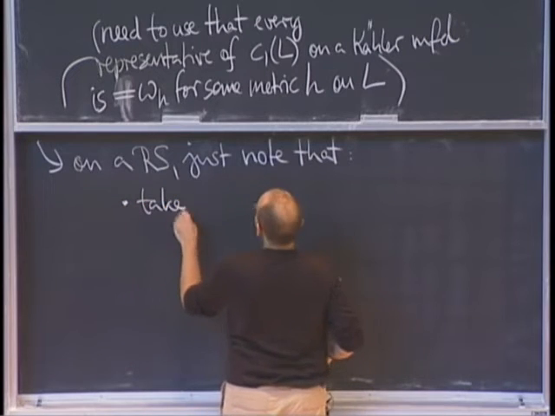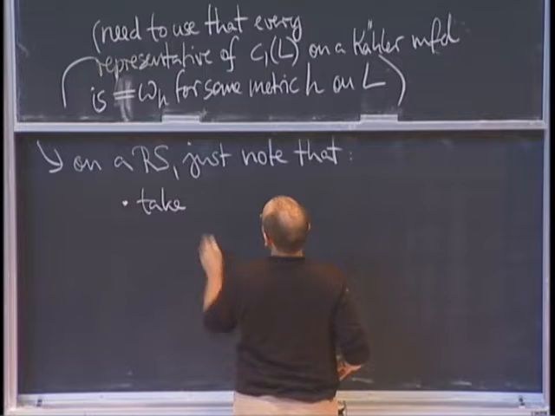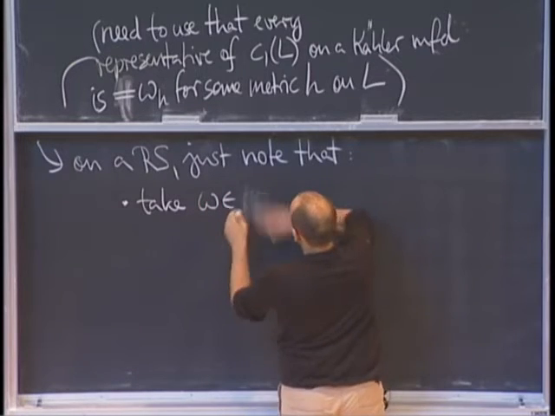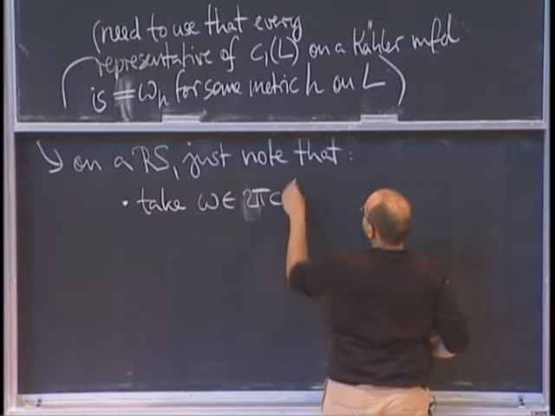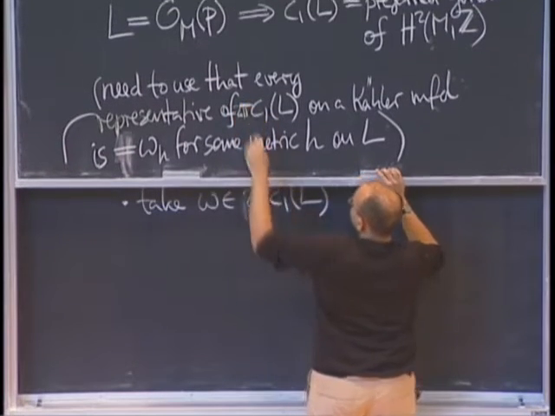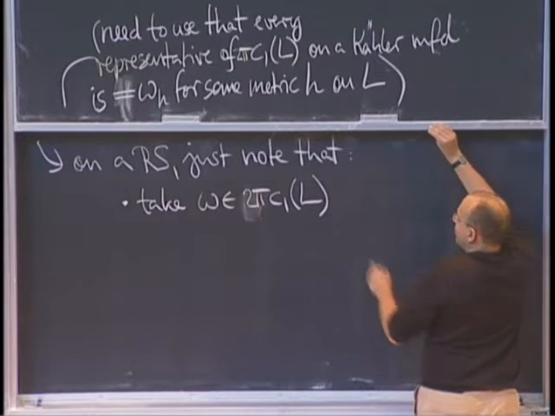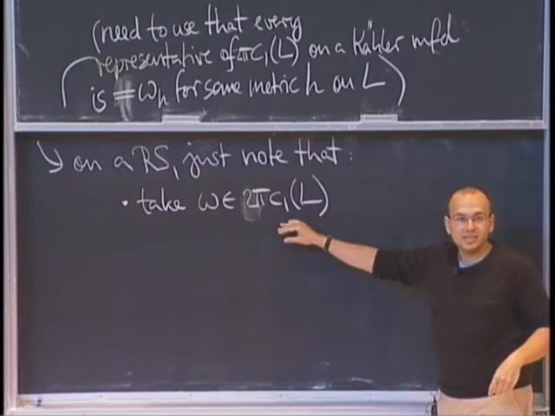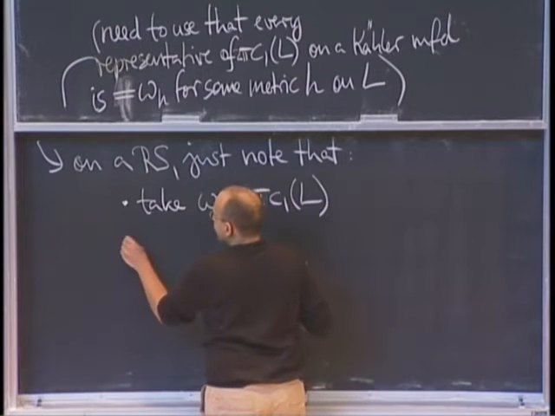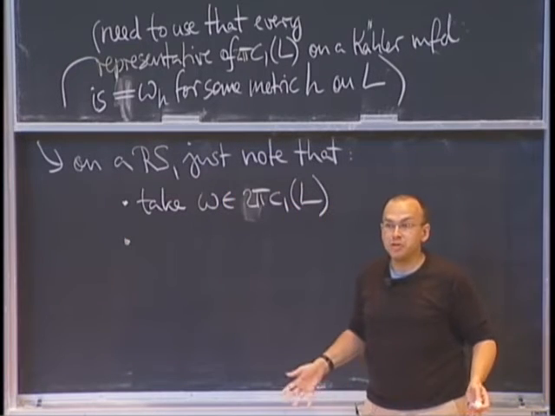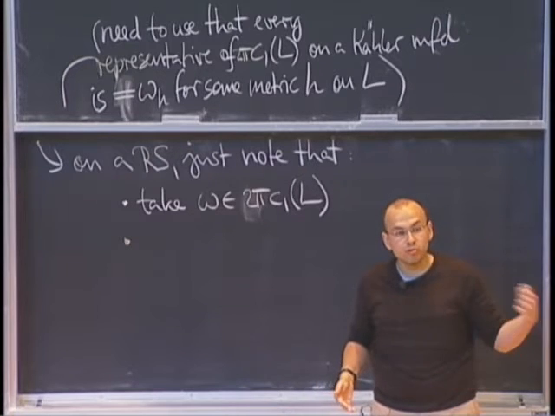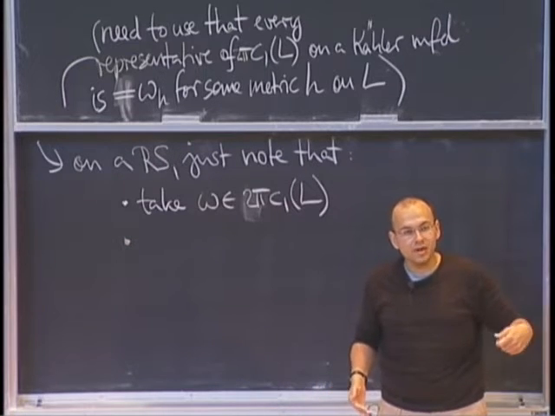You take omega in c1 of L, maybe in 2 pi c1 of L. That's the thing that you want to realize as the curvature form of your line bundle. That's a line bundle, so it has Hermitian metrics. That's trivial. You take any Hermitian metric, and then you try to improve it to have the right curvature form.